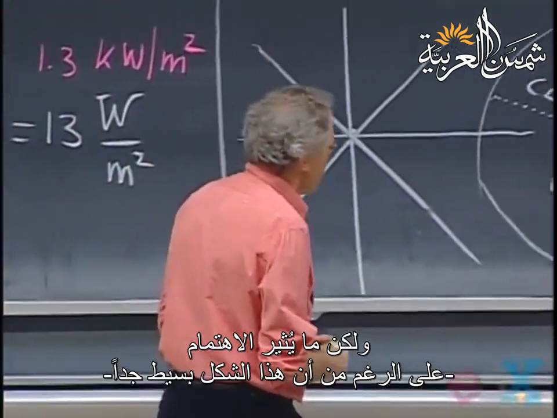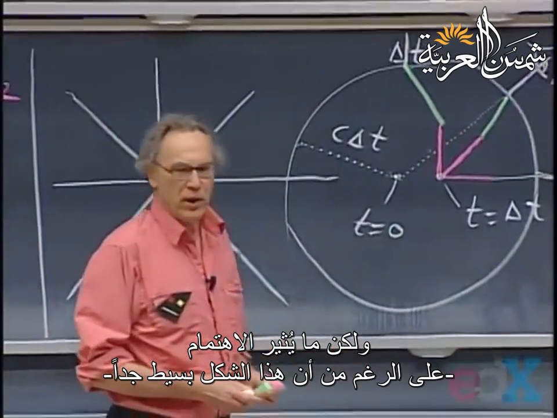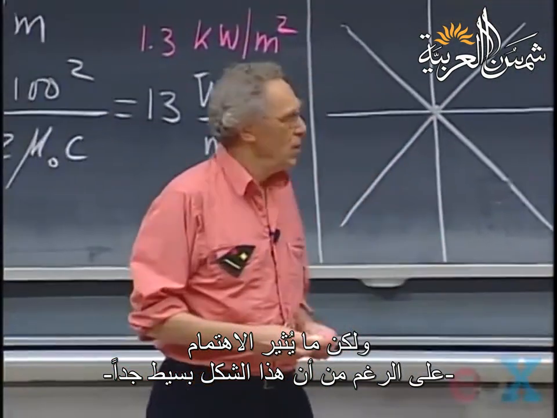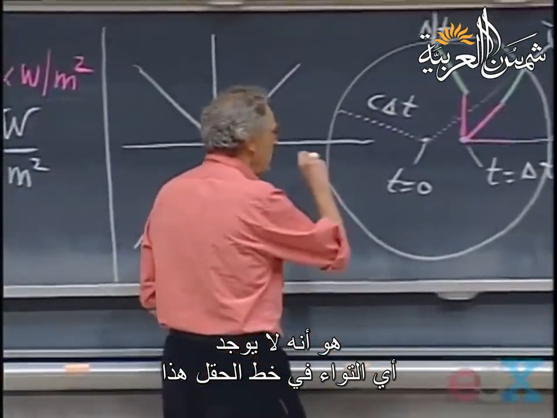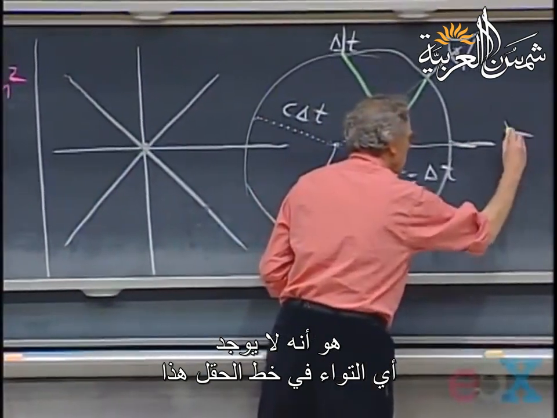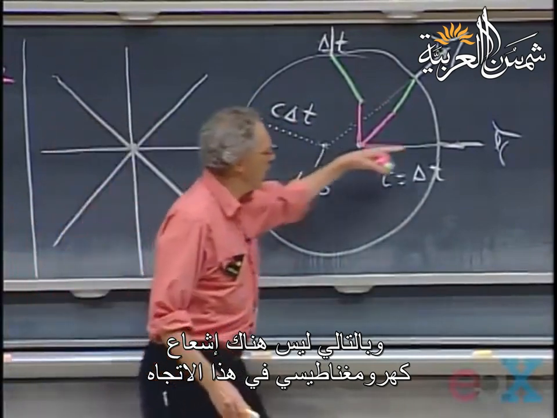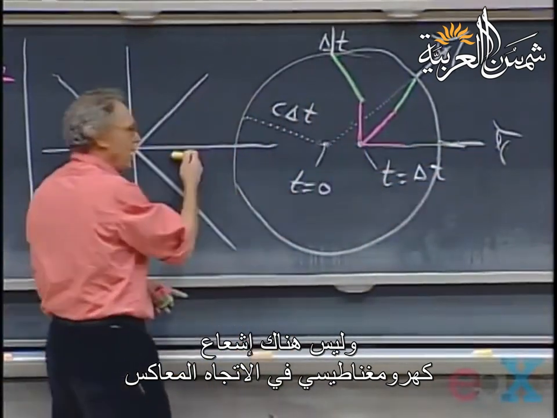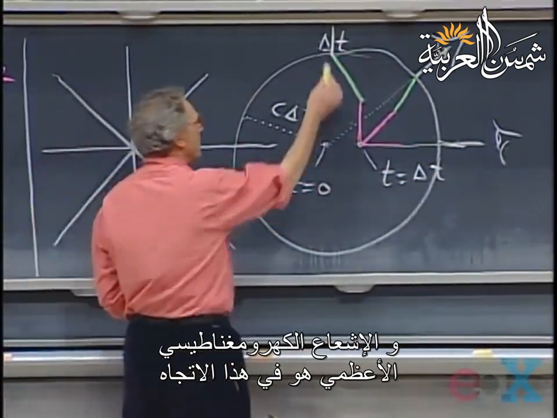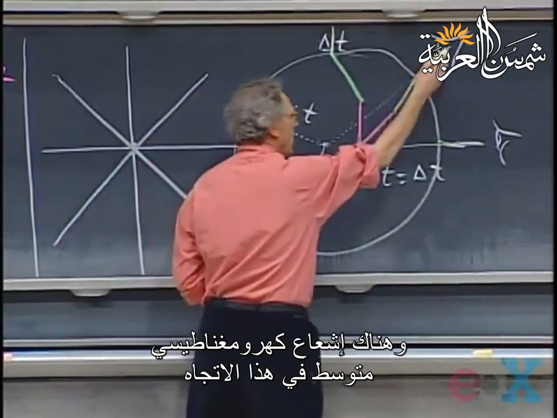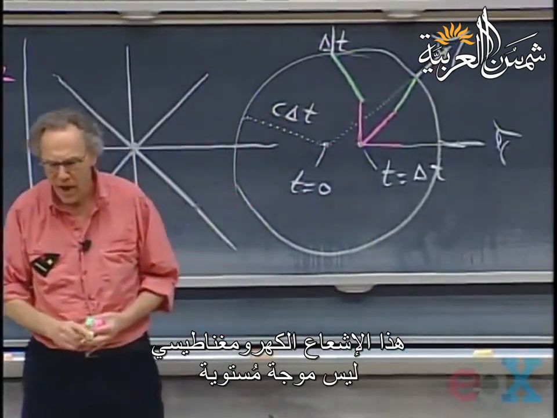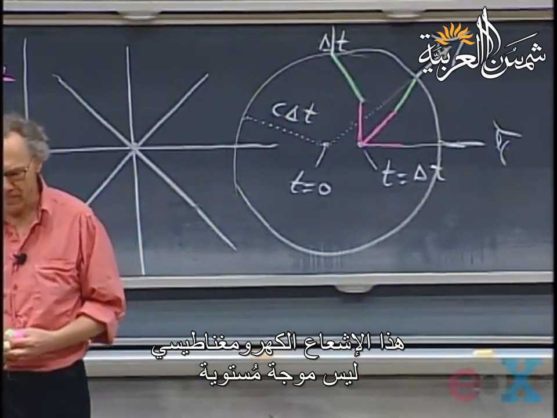But the interesting thing is, even though this is an extremely simple picture, notice that in this direction, if you were here, you would not see any kinks. So there's no electromagnetic radiation going in this direction, nor is there any going in this direction. And the maximum is going in this direction, and something in between is going in that direction. It's not much of a plane wave, for that matter.